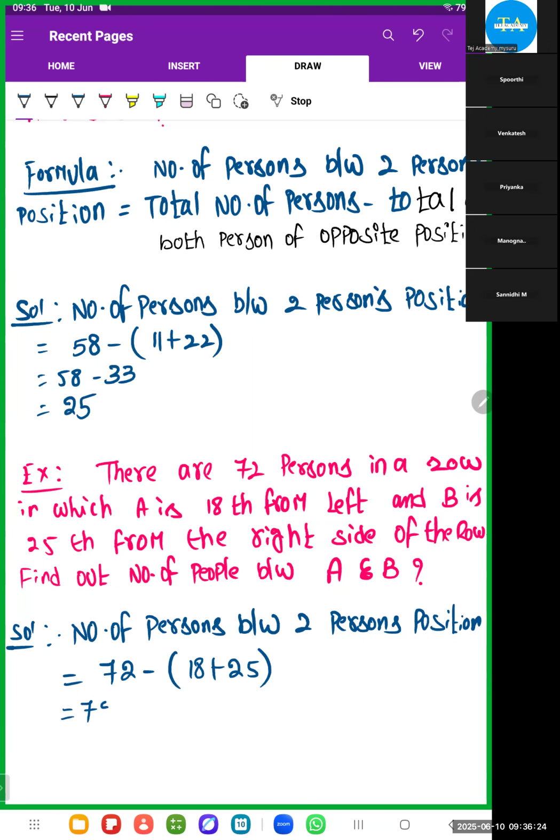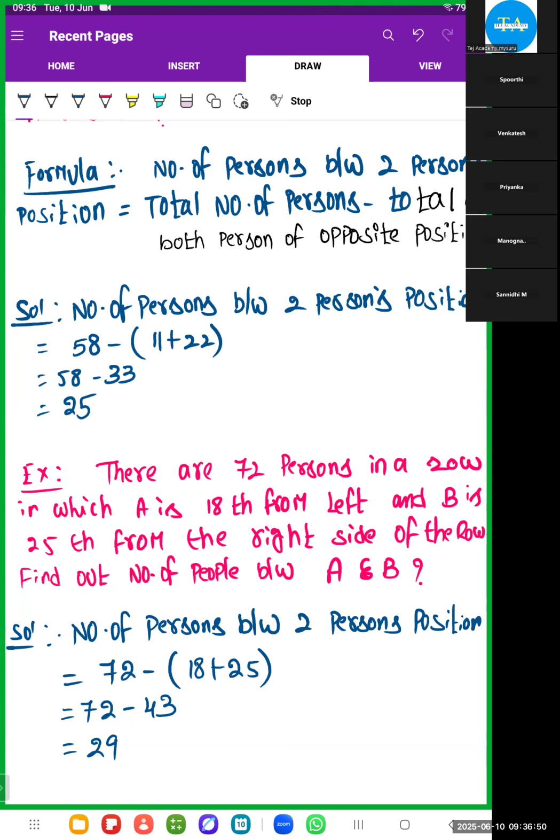So 72 minus 43, right? So 72 minus 43. How much? 29. So 29. Clear?